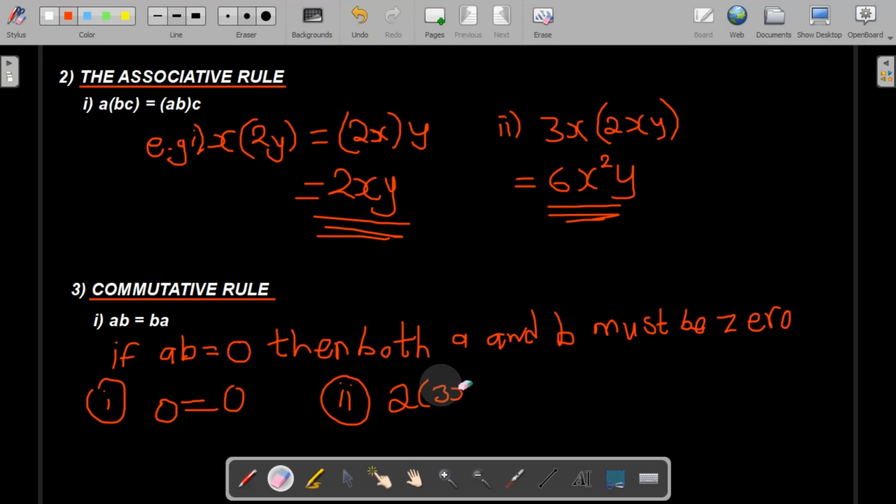If you're multiplying 2 by 3 with the brackets like that, it's one and the same thing as saying 3 multiplied by 2 in the bracket. They both give us 6. So this times that gives us 6, which is equal to this times that, which gives us 6. So it's one and the same thing. The same applies here: if on this side there's a 0, even on the other side there's a 0, meaning both A and B must be 0.